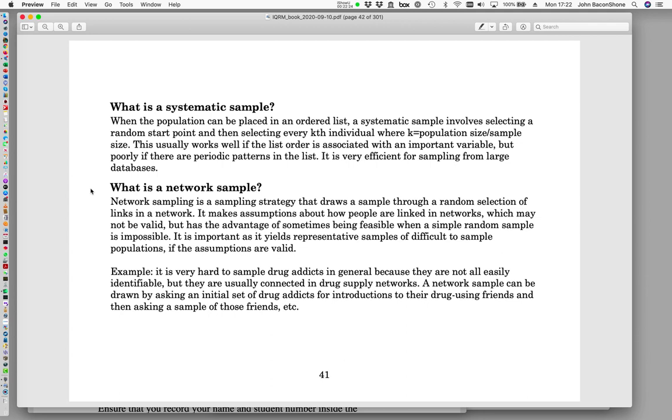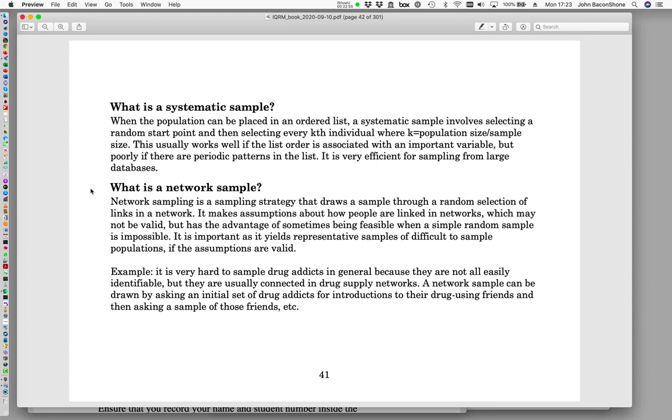So actually, your order in the class list has something to do with where you come from. Right? So this might introduce some bias in my sample if I just used the class list in the original order. So if, on the other hand, I knew your scores on some test before you came into my class, I might want to draw a sample that was representative according to your ability level.